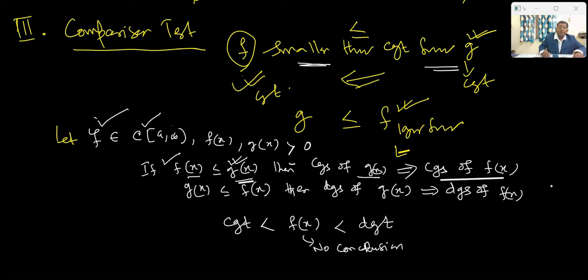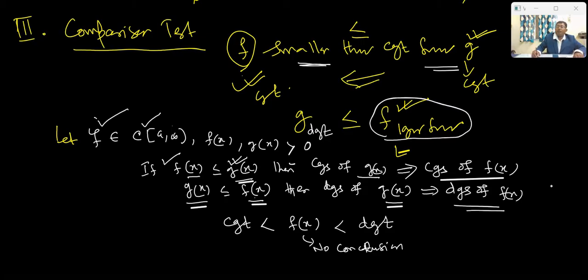Similarly, if g is smaller than f, so f is the larger function, then once g is divergent, f is divergent. Larger than divergent is divergent.